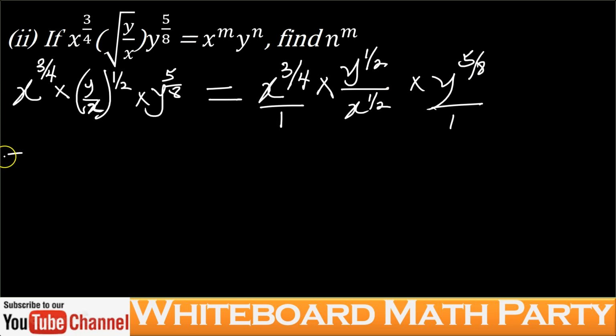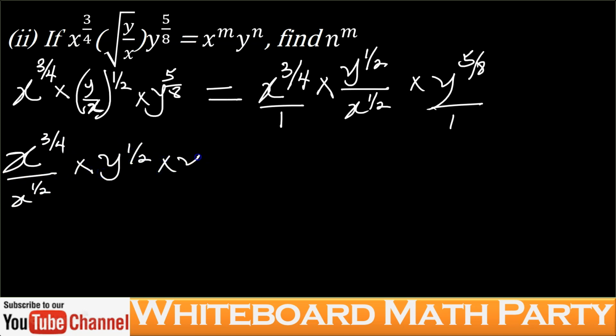In that case, I'm going to make it x to the power of 3 upon 4 divided by x to the power of half, times y to the power of half multiplied by its brother y to the power of 5 upon 8. Yes, the work is getting easier now. Now, this is division, so I'm going to apply the division rule to this part.